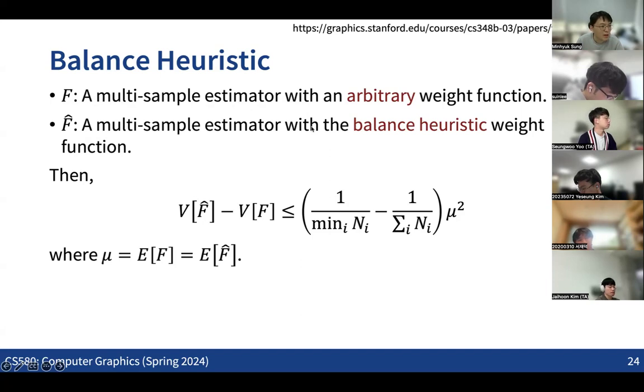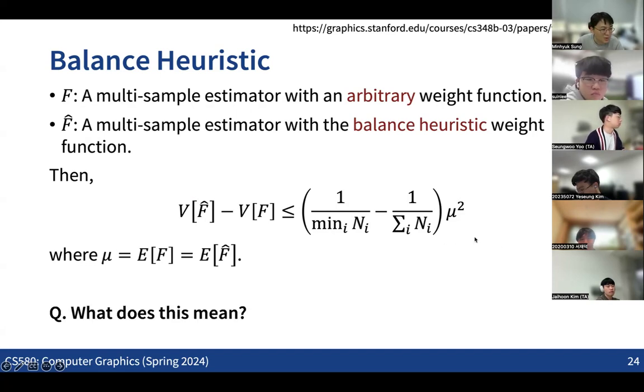Then the gap of the variance of these two estimators has an upper bound, as you can see here. We can find the proof of this formulation in this link. But before we see the proof, let's ask: what does this mean? When you see this upper bound of the gap of these two variances, what would be the meaning of that?